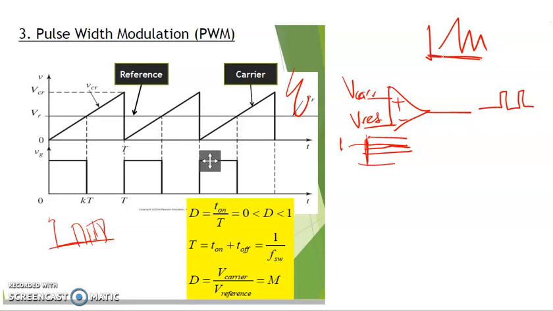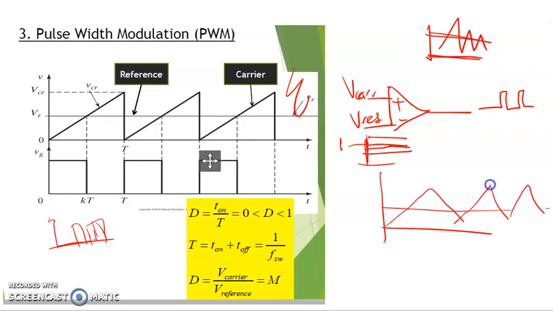If we put a higher voltage level, the pulses will be adjusted accordingly. The sawtooth signal will be maintained, and only the reference signal will be adjusted lower or higher.